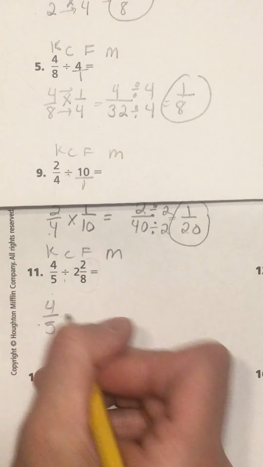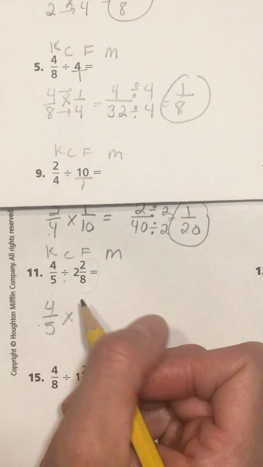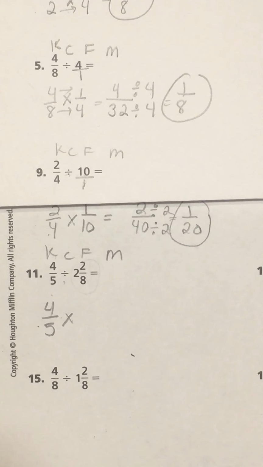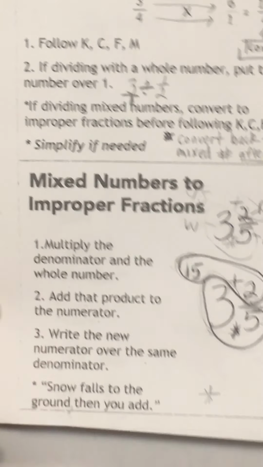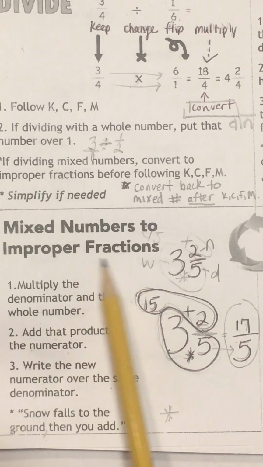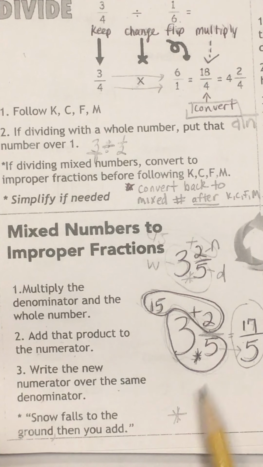Okay, we're still going to change. But now, do you remember how we're supposed to convert? If you forget, go back to your study guide and know that when you convert a mixed number to an improper fraction, we follow that snow falls to the ground and then you add.